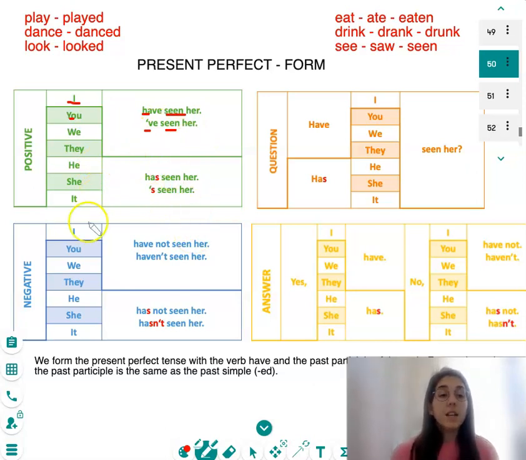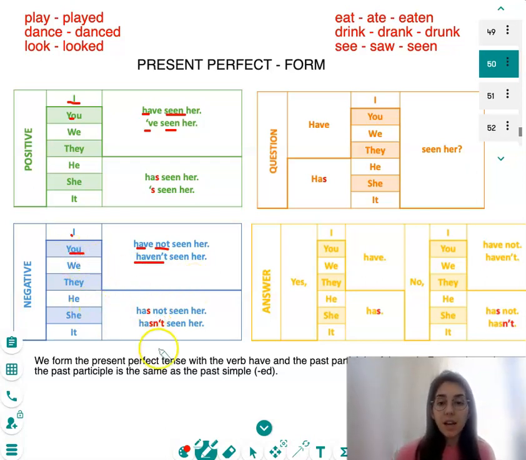Now if you want to make that into a negative sentence, it is fairly simple, quite the same structure, although we add in not in between have and that past participle verb. So I have not seen her, you have not seen her, etc. Again we like to make it slightly easier, so we add in the contraction and we would say I haven't seen her, you haven't seen her.